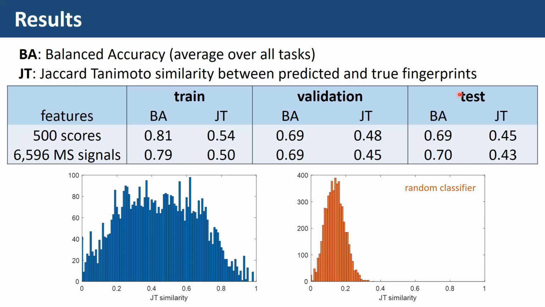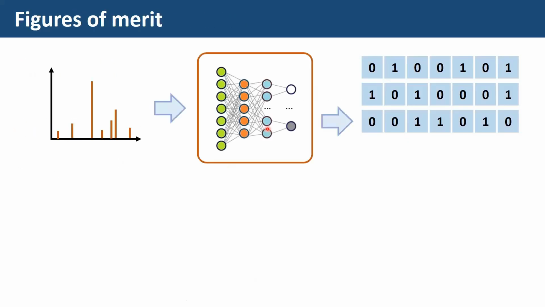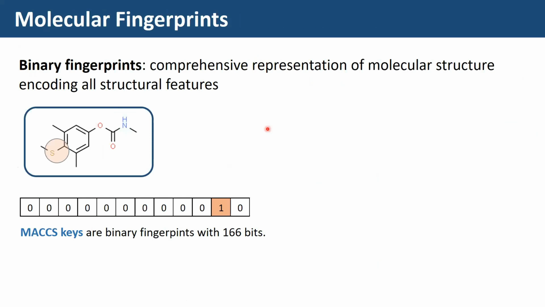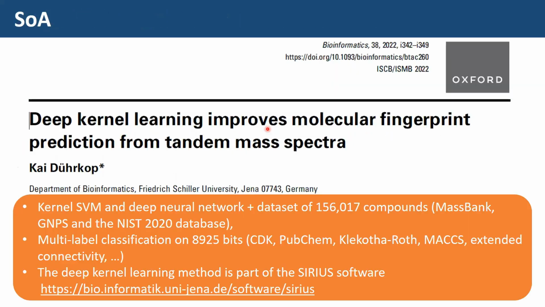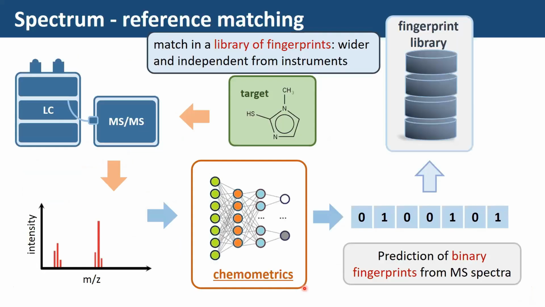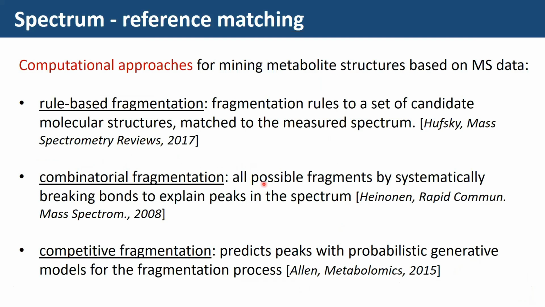Are there any web servers we can use to do this kind of prediction that may help with the structural elucidation process? Yeah, there are online tools available. One is the Sirius software, which is actually a very complex approach that includes machine learning and chemometric models, but there are also others based on other computational approaches.